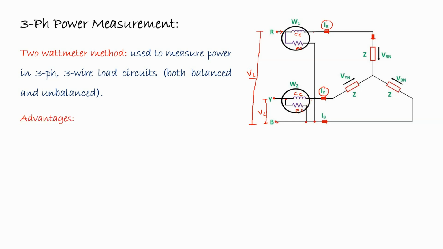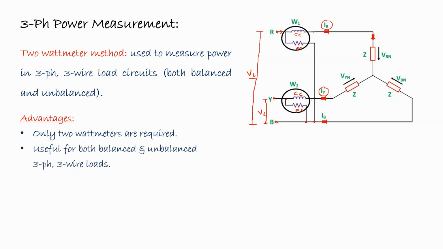The advantage of the two wattmeter method is that only two wattmeters are required. So the connection will be a little bit simpler compared to the three wattmeter method. It is useful for both balanced as well as unbalanced three-phase three-wire load. No neutral terminal is required here.